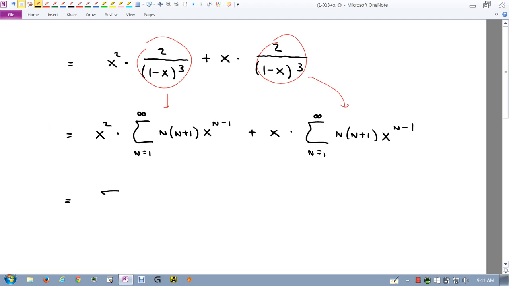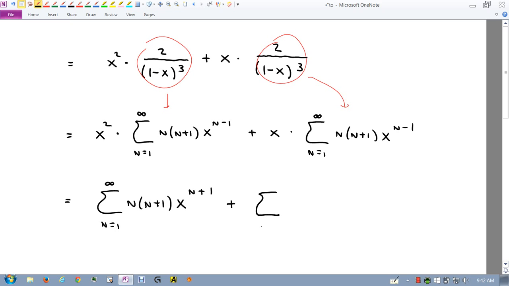So you're going to get sum n equals 1 to infinity of n times n plus 1 times x to the n plus 1. Yeah, so n minus 1 plus 2, so n plus 1. We good? Questions?